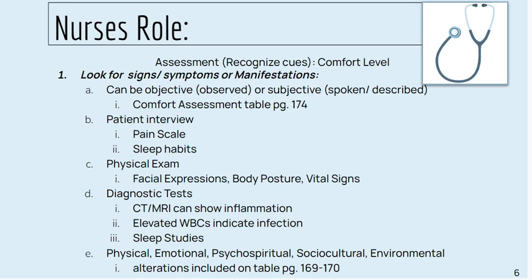When we are looking for those signs and symptoms, this can be objective, which is something we observe, or subjective, meaning the patient either speaks it to us or describes something to us. This can be found on page 174, which includes a comfort assessment table. It really dives deep into different ways we can assess those comfort levels and look at those manifestations.